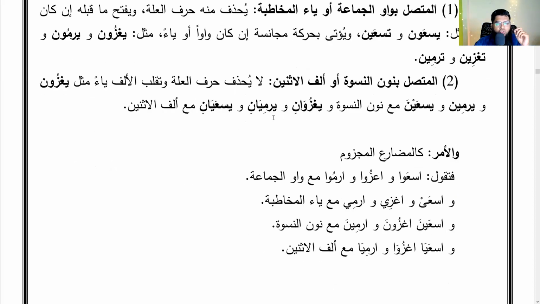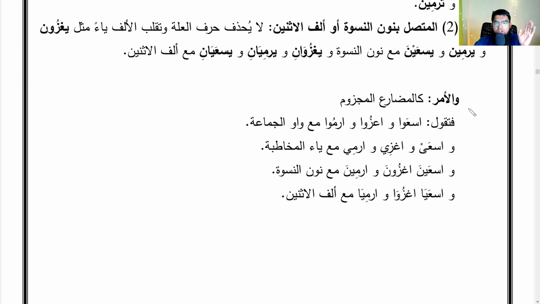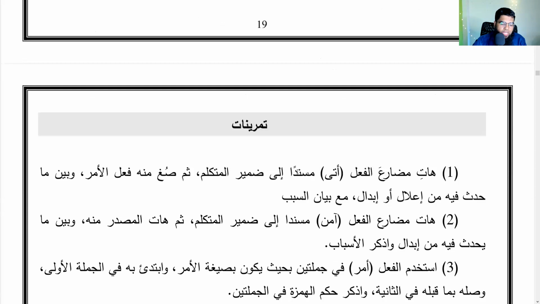That means alif maksura will become a ya, not the waw. Yaghzuna will remain yaghzuna. But yarmina, or yas'a. Yas'a, it's an alif, no? Alif maksura, so you'll change it to ya. That is obvious, inshallah. And duals also will open up: yaghzuwani, yarmiyani and all. Amr is also the same rule. With these rules, let's try the tamreenats, inshallah.